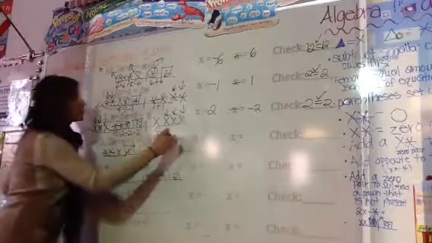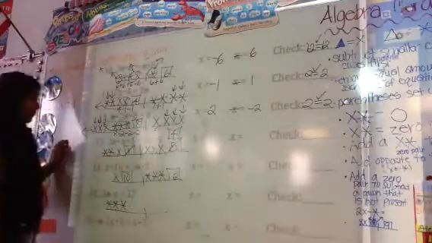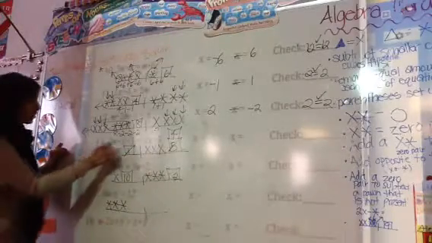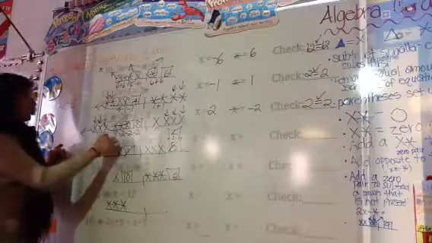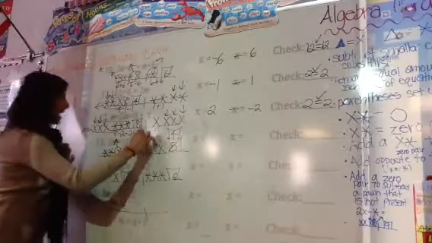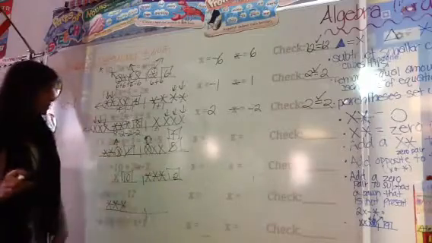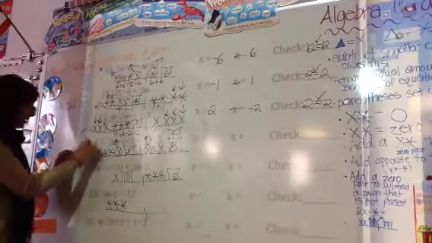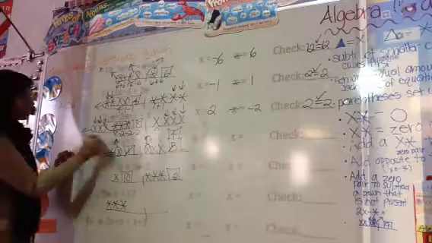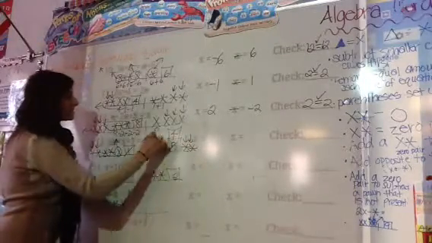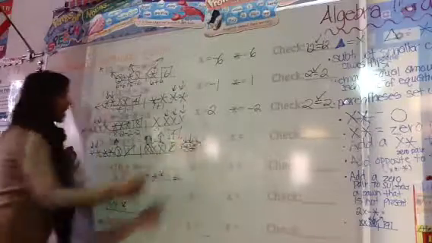Okay, let's start by subtracting. 5 minus 1 is 4. So I need to get these 3 x's off, right? So I can start by taking off an x from each side. Now I'm left with 2 stars equals 2x plus 4. So I'm going to add 2 stars to each side now. And now I can take my 0 pairs off of my right side.